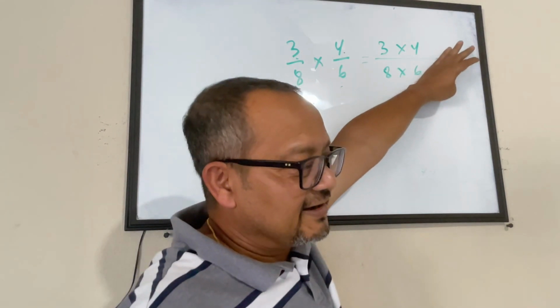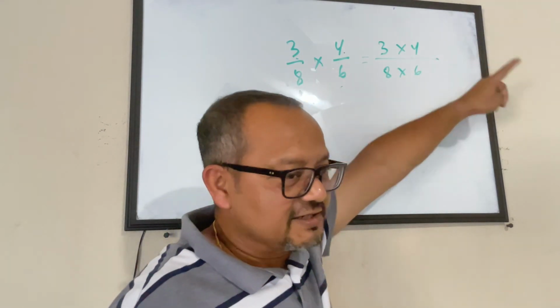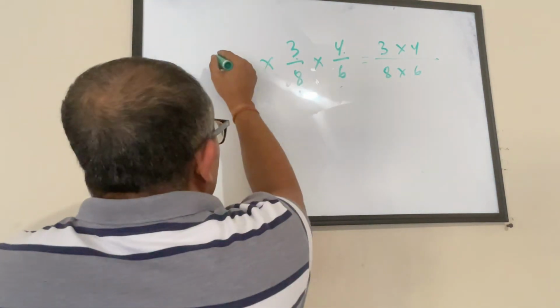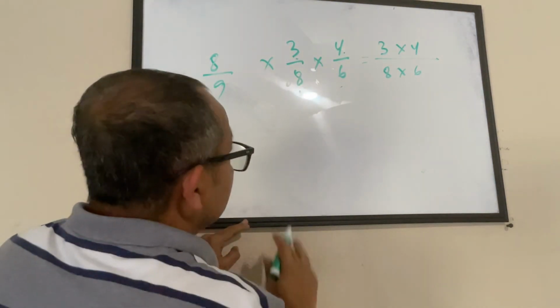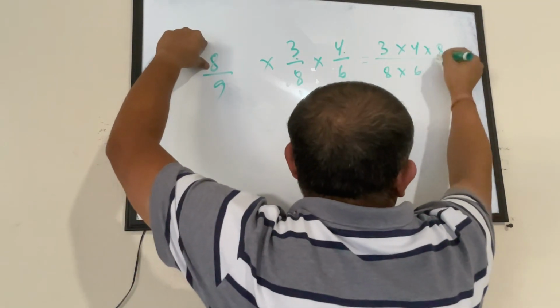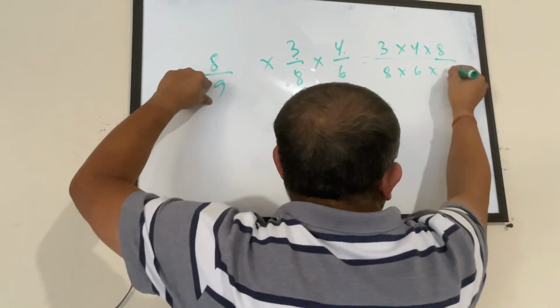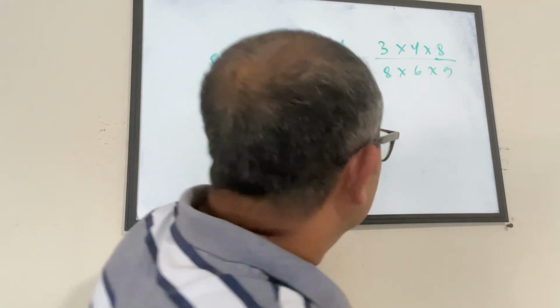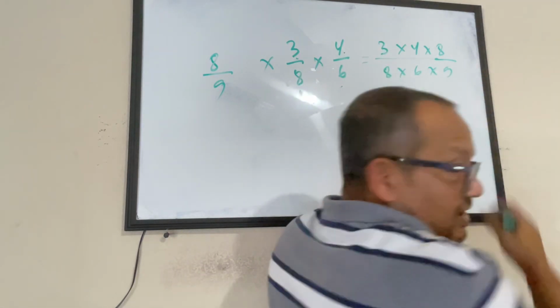I mean, give it 10 more seconds. Whatever you have, you just write it. If somebody says multiply this with 8 by 9 also, then this also you will write. Whatever you have here as numerator, it goes here. Whatever you have as denominator, it goes here. Very simple.